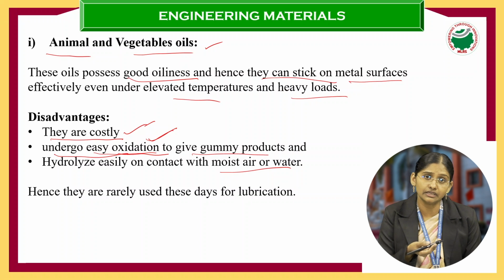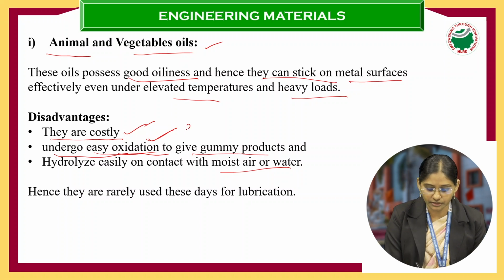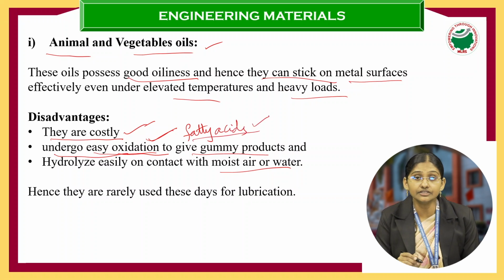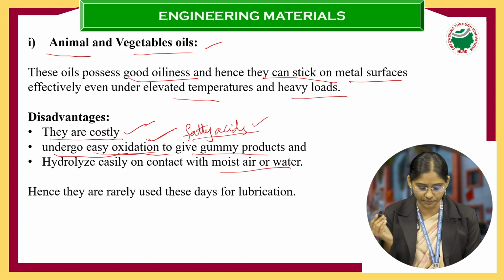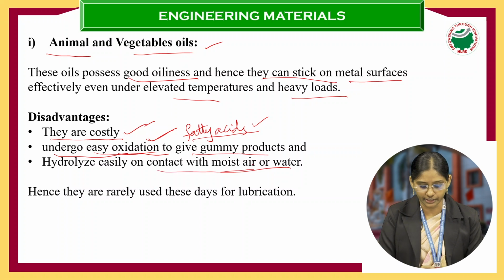These animal and vegetable oils contain fatty acids in their composition. These fatty acids undergo oxidation easily when exposed to oxygen or ozone present in the atmosphere. They hydrolyze easily on contact with moist air.